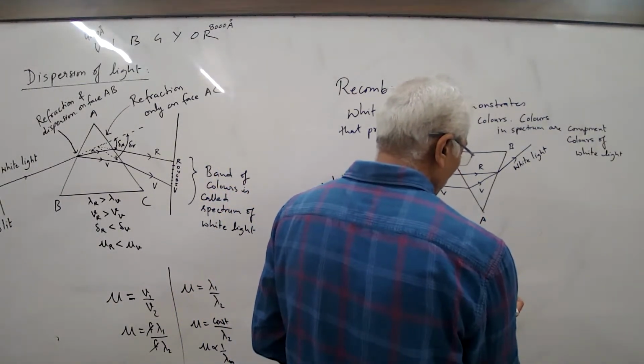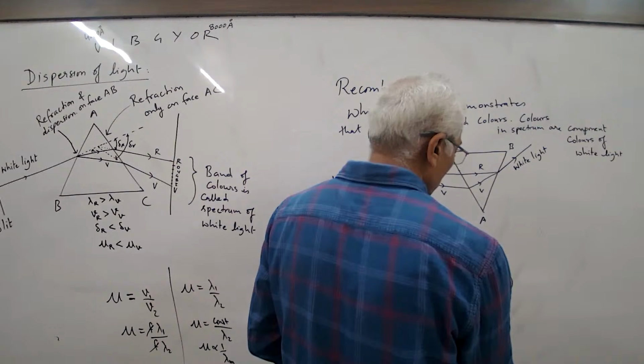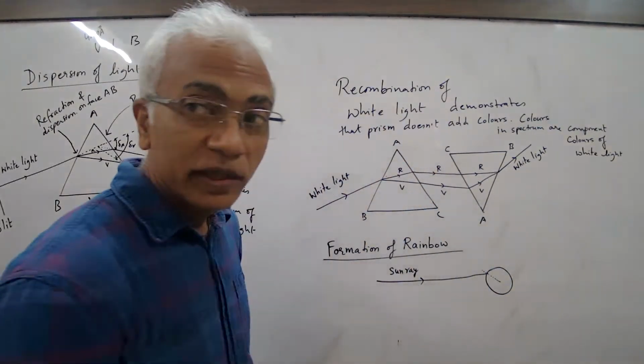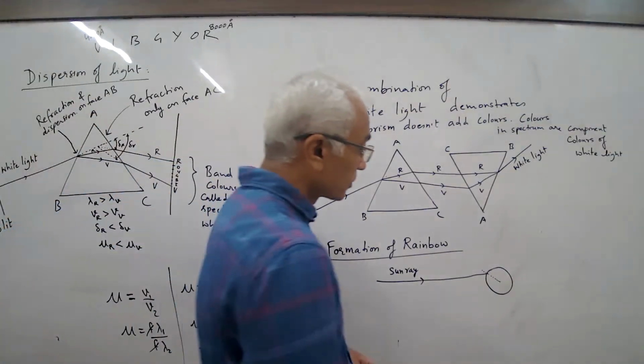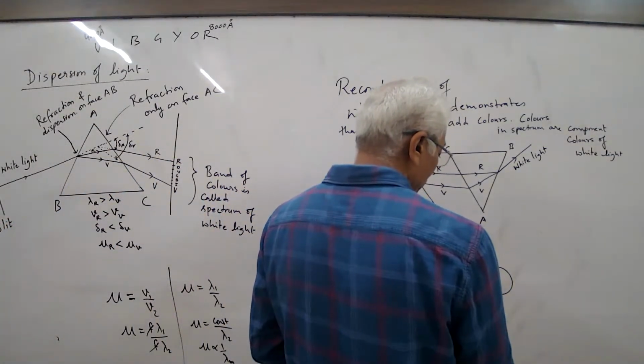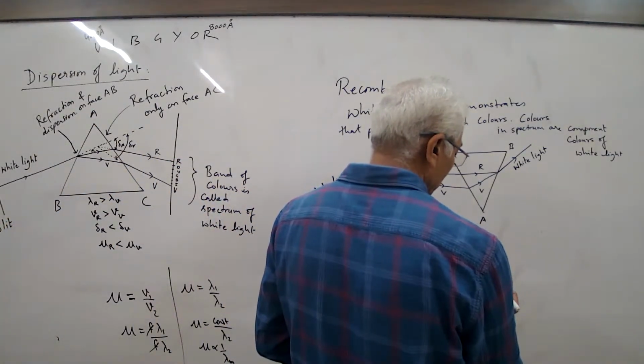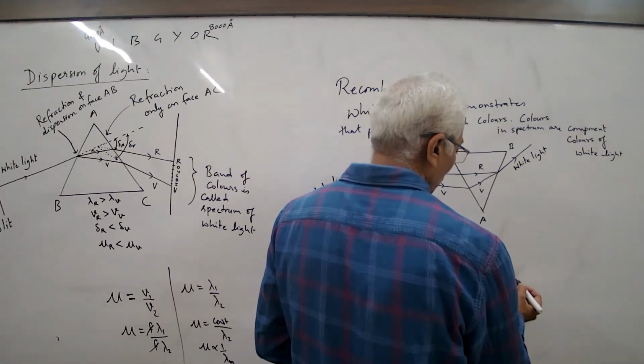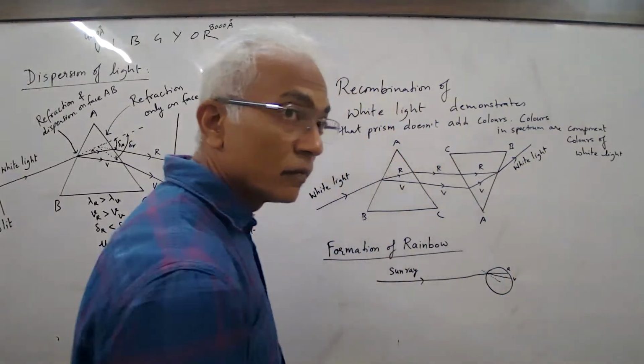So what is the normal? Is the normal the radius? So it is entering from rarer to denser. So what will happen? Red and violet. Correct?